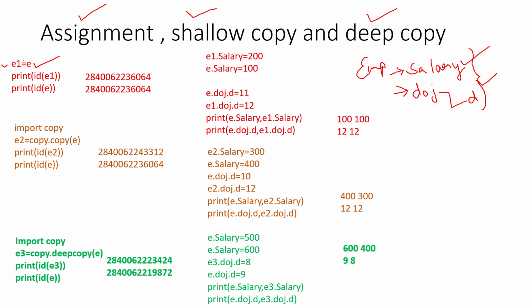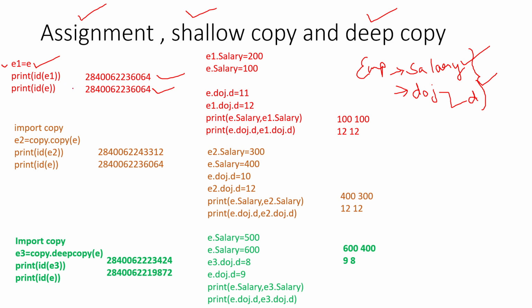For the same memory location, another name is given. E is stored in some memory location which has an address that can be retrieved using ID. Say this is the ID of E. Because of this assignment statement, E1 is also referring to E. So it does not take another memory space.